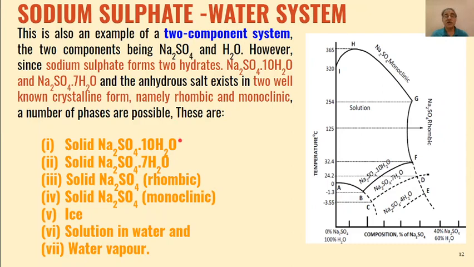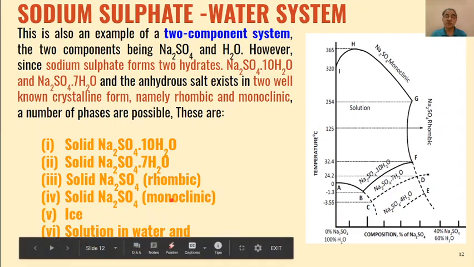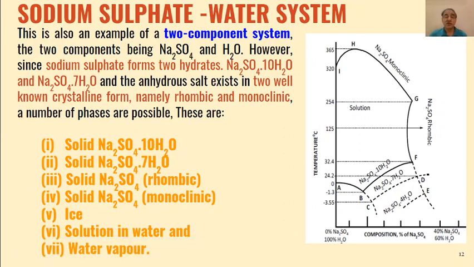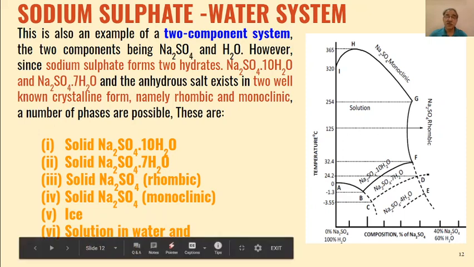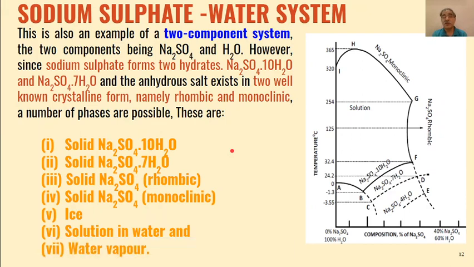The phases are solid sodium sulfate decahydrate, solid sodium sulfate heptahydrate, solid sodium sulfate rhombic, solid sodium sulfate monoclinic, then the phases of water, that is ice, then solution of sodium sulfate in water, and then water vapor. So these are the 7 phases which are possible for the sodium sulfate water system.